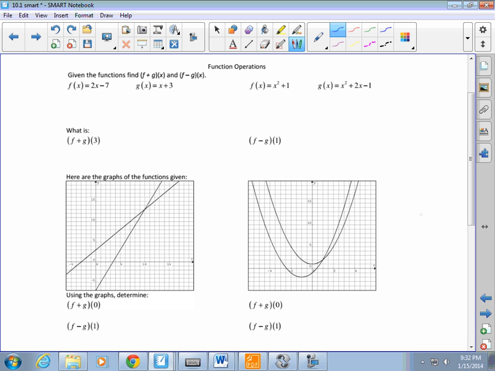If f of x is equal to 2x minus 7 and g of x is equal to x plus 3, then to find f plus g of x, I'm going to add 2x minus 7 plus x plus 3.